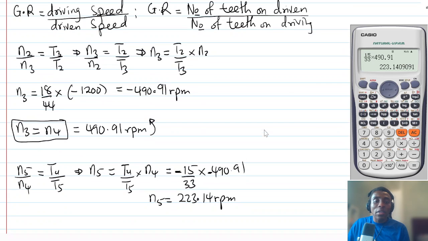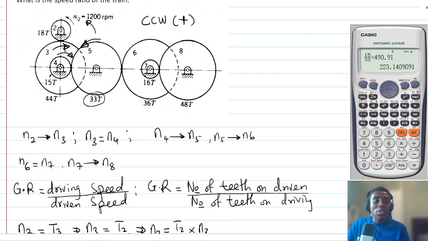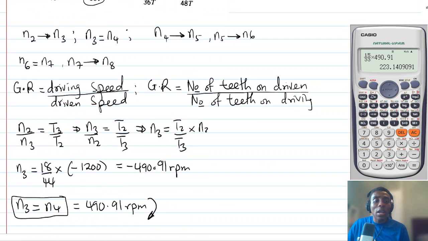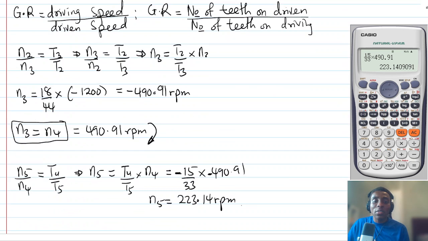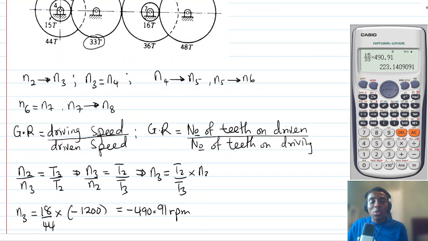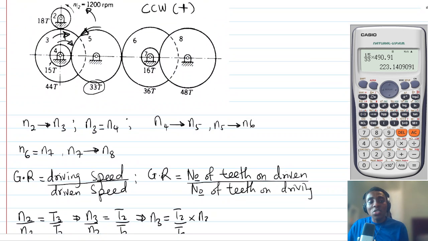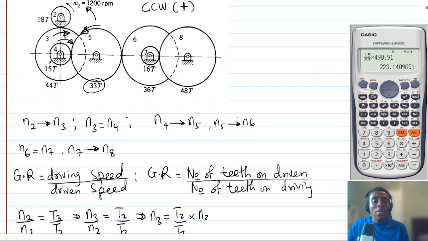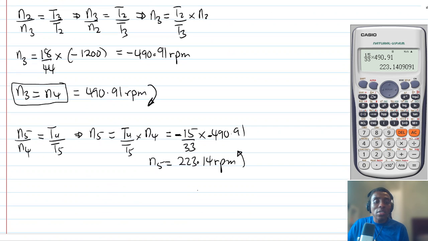This answer is telling us that this is going to be negative, so it's supposed to be clockwise, and then the fifth one will go back and become counterclockwise. That's what happened. Whenever 2 gears mesh, there will be a change in direction. So if 5 meshes with 6, because 5 is moving this way, it's going to force 6 to move that way.